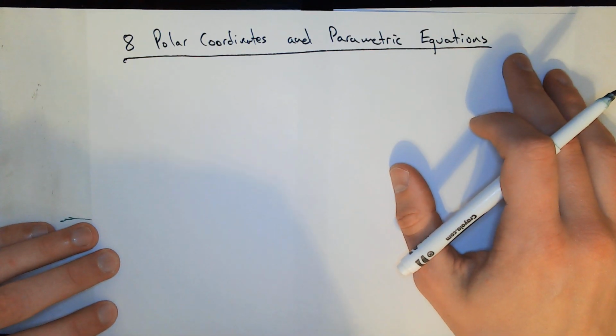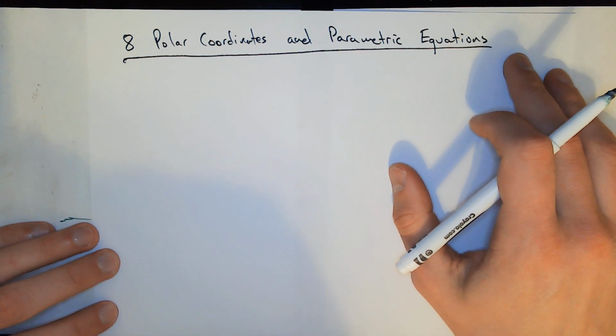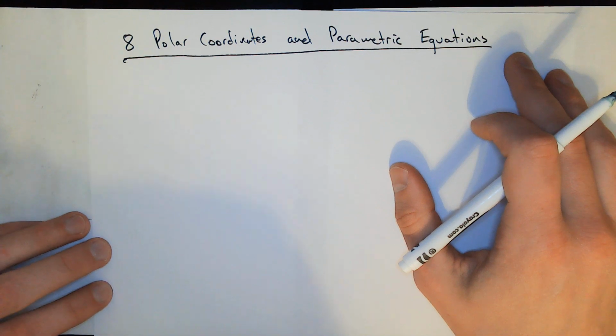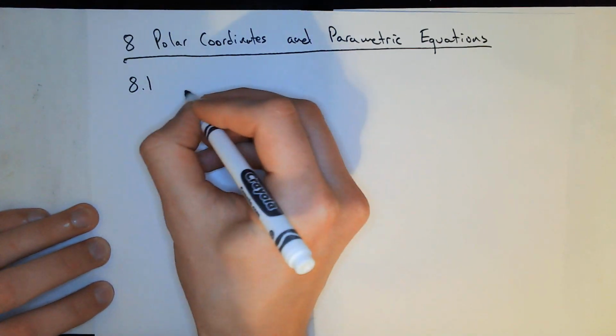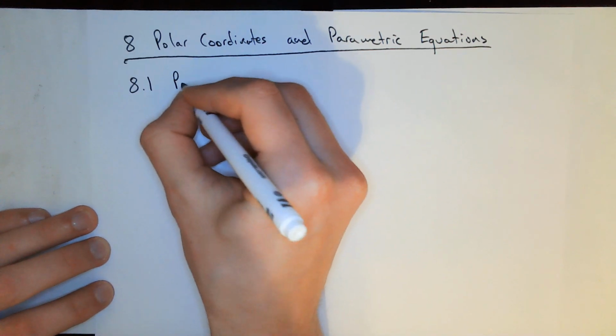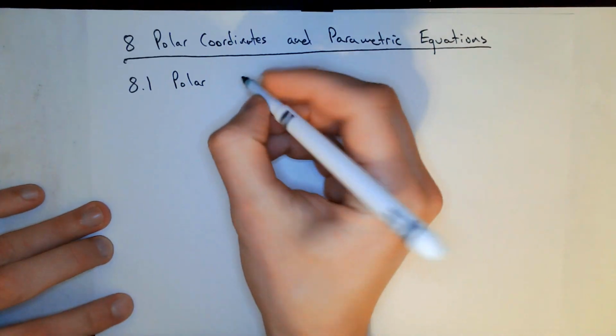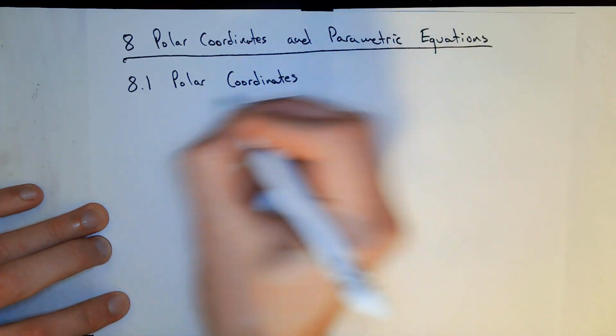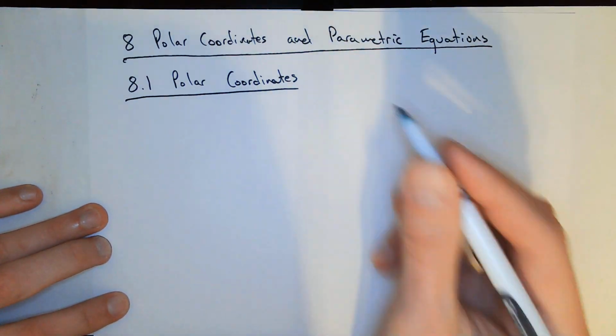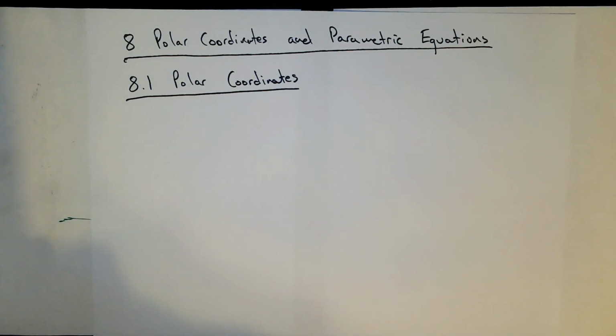This chapter, I wouldn't call it an application chapter, though it certainly could be applied in the real world. But we are not just doing trig for the sake of trig anymore. We're using trig in other areas of mathematics.